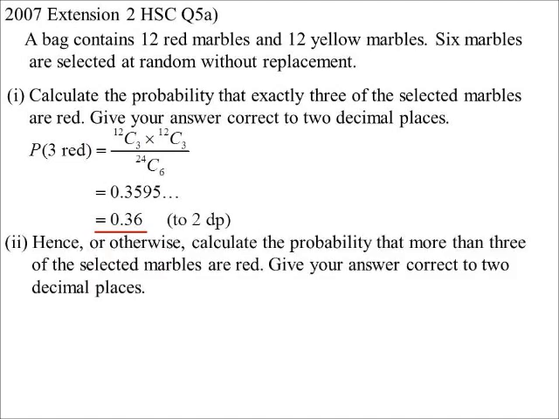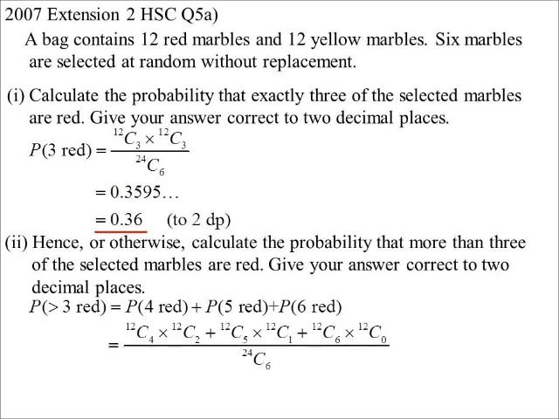Hence or otherwise, calculate the probability that more than 3 of the selected marbles are red. Again, giving your answer correct to 2 decimal places. Hence or otherwise. Probability of greater than 3 red. Well, that would be 4 red, 5 red, and 6 red. So I could just do it that way.